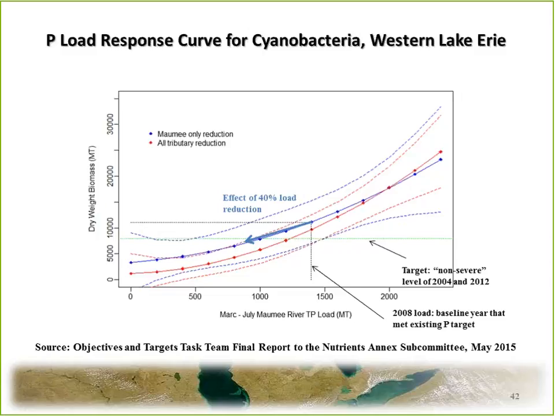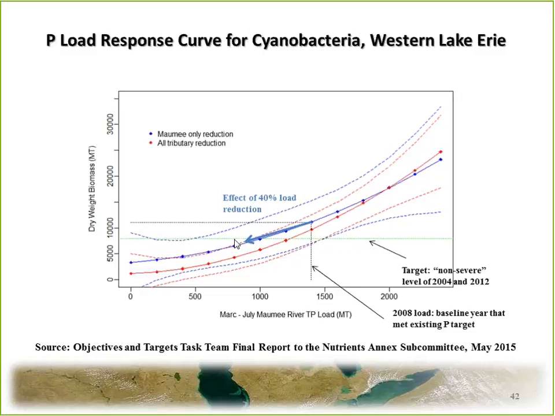Moving to the left because the load's gone down, and coming down because the biomass is reduced. And the point is it takes it below this critical line to a level that was consistent with years that didn't have problems. So this is really the heart of how the models were used to help support decisions.